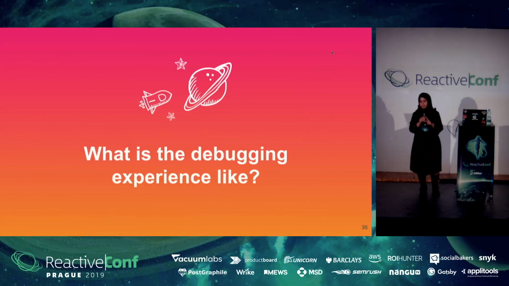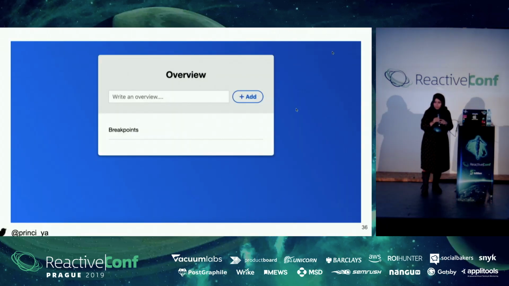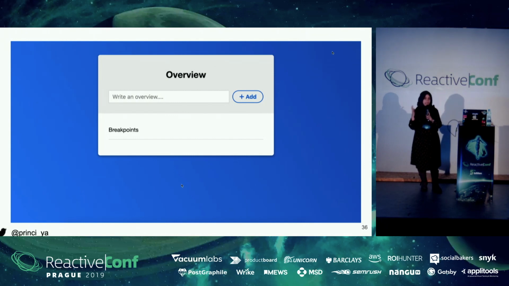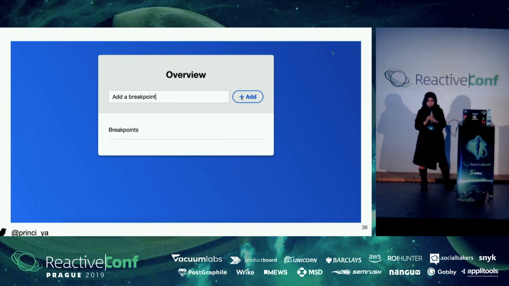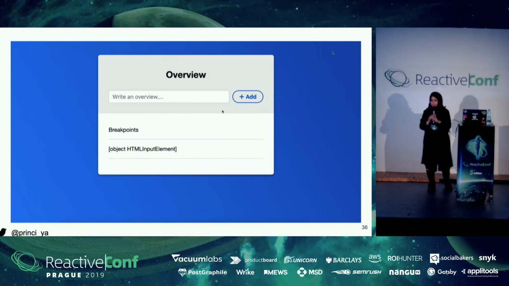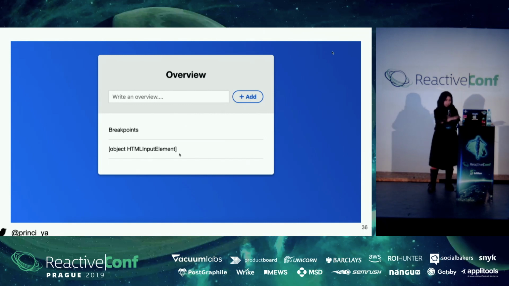Talking about the debugger, let's look at what the debugging experience is like. Let's say we have a traditional to-do app, and as we type some input, let's fill in a value, and as you see here, there is a problem, and now we have to debug it.